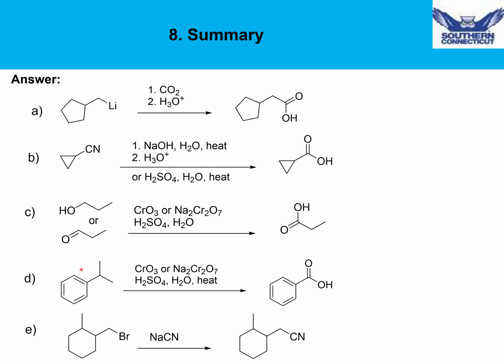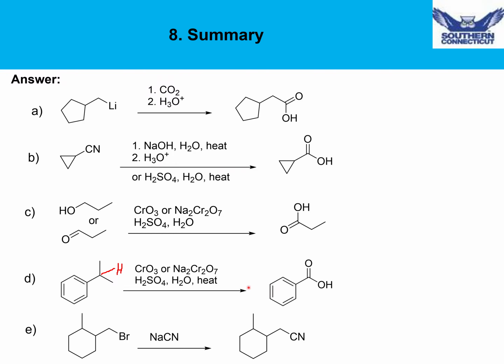Whenever we have an aromatic compound with a side group, an alkyl group, that has at least one benzylic hydrogen, so in this case there is 1 hydrogen right here, that allows for the entire alkyl group to be converted into a carboxylic acid. And it doesn't matter that it is an isopropyl group, it could be a methyl group, an ethyl group, just a straight propyl group, butyl group, anything that has benzylic hydrogens can be converted into a carboxylic acid.